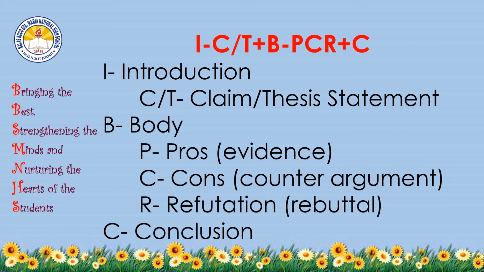When we say CT, it refers to the claim and thesis statement. Letter B, we have the PCR. P for the pros and its evidence. When we say pros, it is in favor of. And then letter C, the cons or the counter argument or simply against. And letter R, the refutation or the rebuttal. And then lastly, we have letter C, the conclusion.